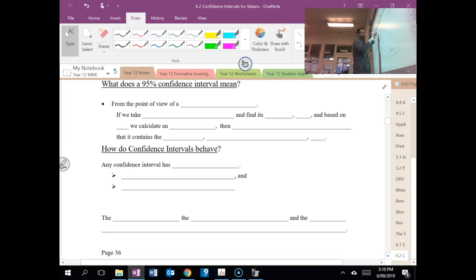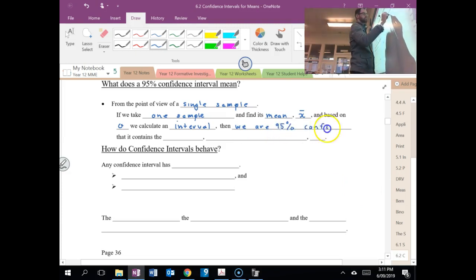From the point of view of a single sample, if we take one sample and find its mean, which is x bar, and based on sigma, we calculate an interval, then we are 95% confident that it contains the population mean.